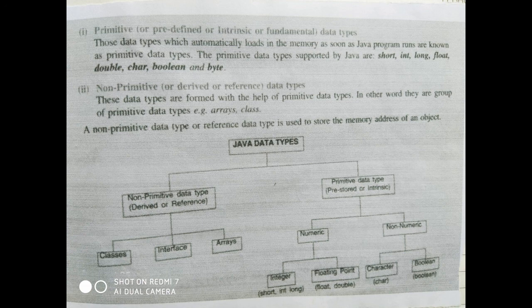Numeric data types are again divided into two groups, that is integer and floating point. The examples of integers are short, int, long. The examples of floating points are float and double. Non-numeric data types are again subdivided into two groups: character and boolean. So character will be char and boolean will be boolean.